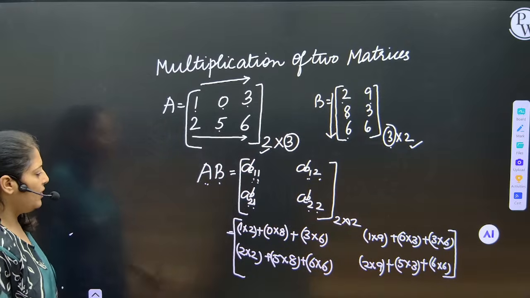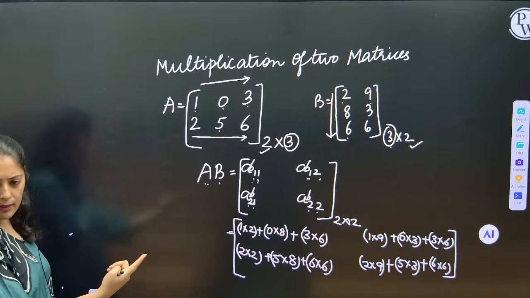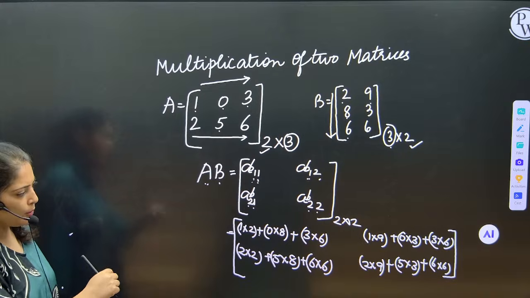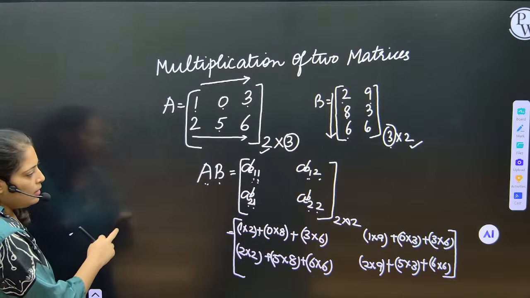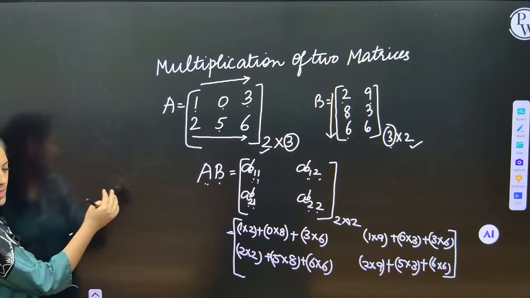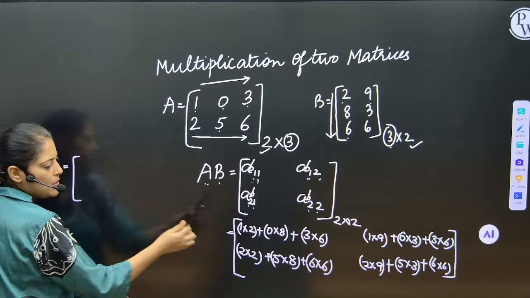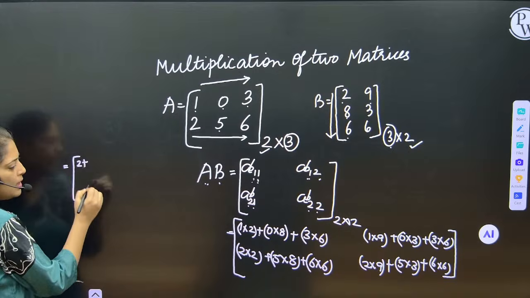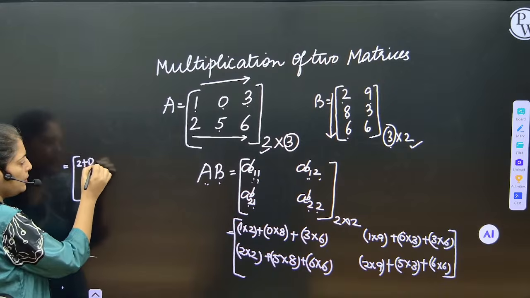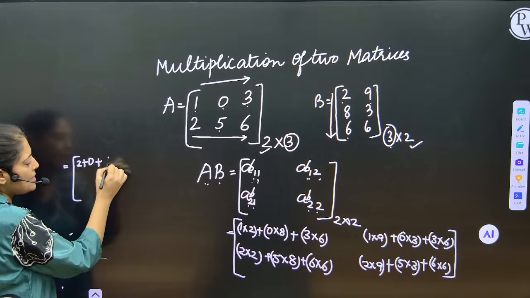Okay. Now I could have the next page also, but I don't actually want to, because these calculations we have to see now, so I'm writing it here. 1 2 is a 2, 0 8 is a 0, 3 6 is a 18.